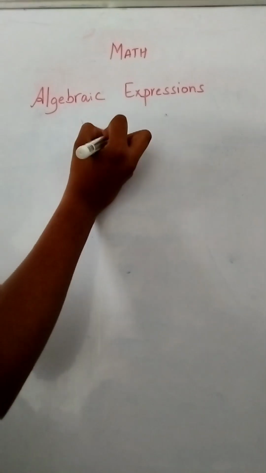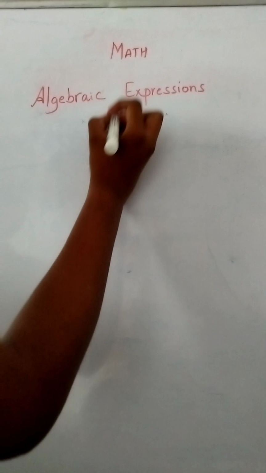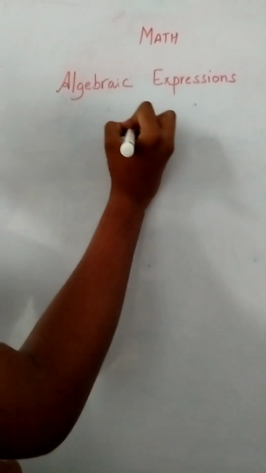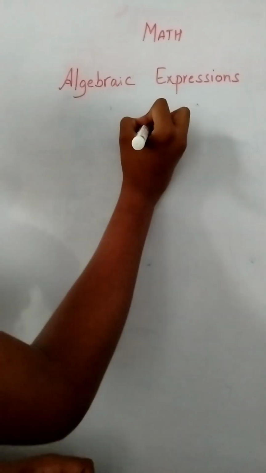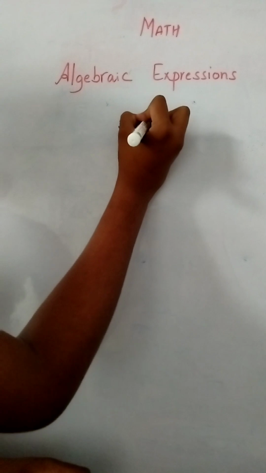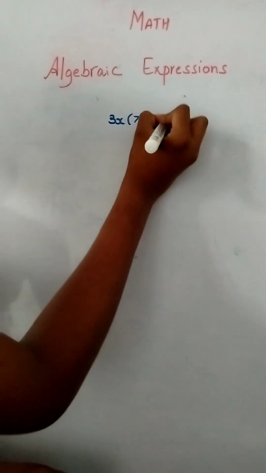So for example, let's take 3x into, remember that we cannot use the multiplication sign in this case, we have to use the brackets, 7 plus 2y.